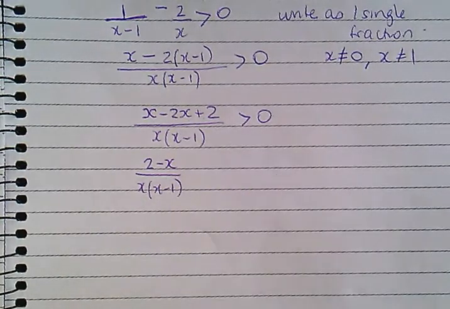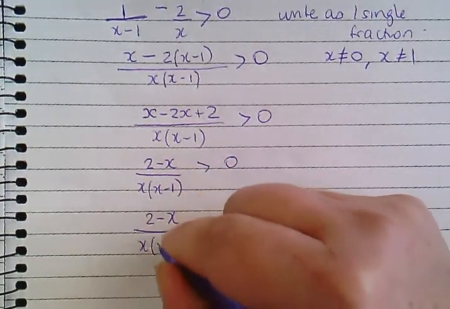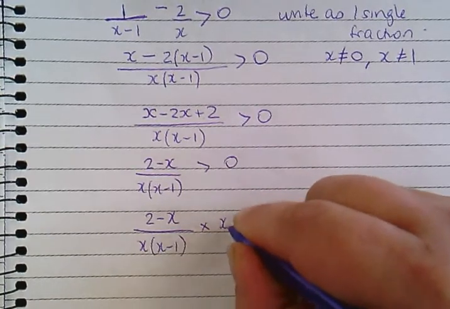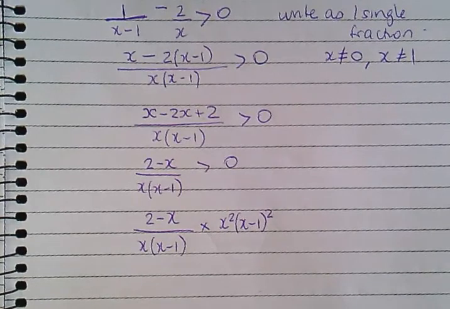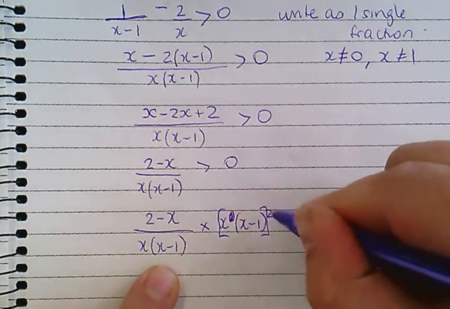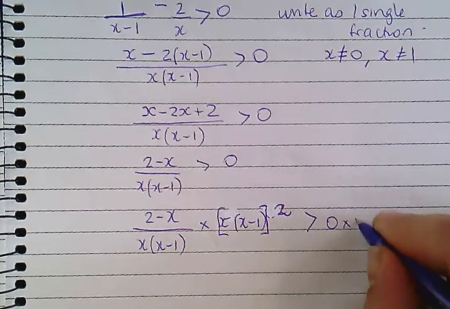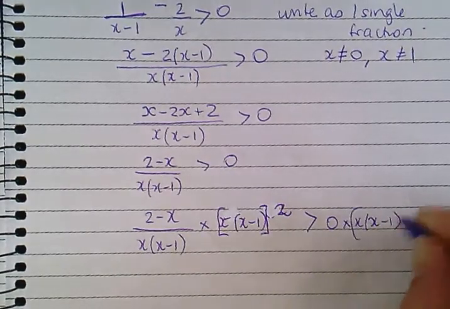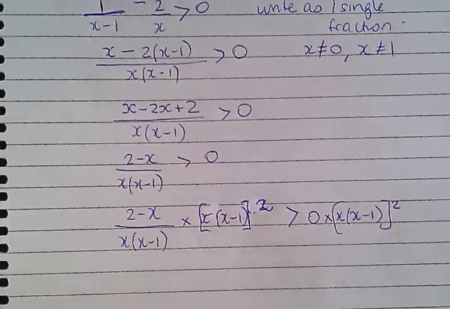So I've got that. What should I now do? Multiply both sides by x²(x − 1)². Or I can put it in a big bracket, [x(x − 1)]². It's got to be both of them squared. Do you get it? 0 times [x(x − 1)]². Well, that's just going to be 0 on the right.